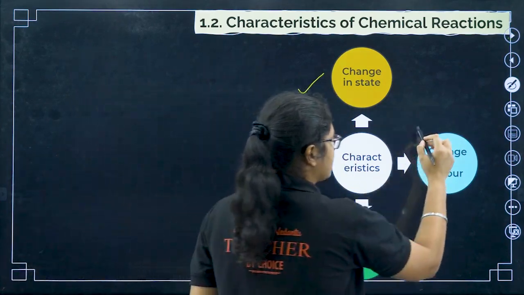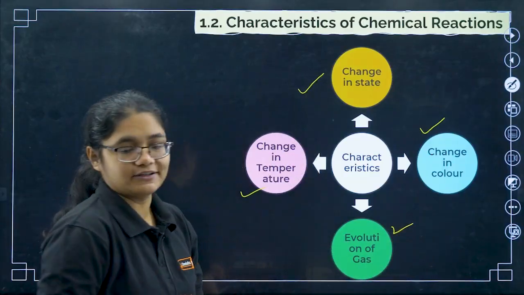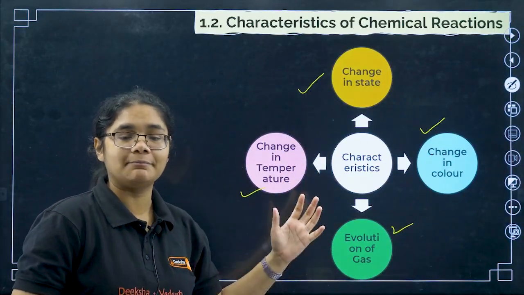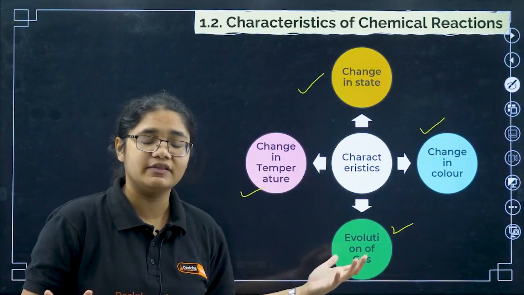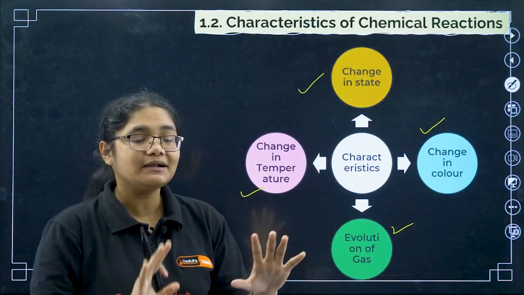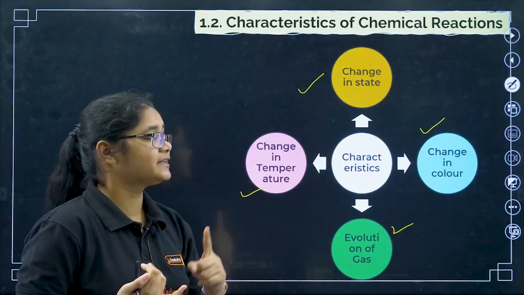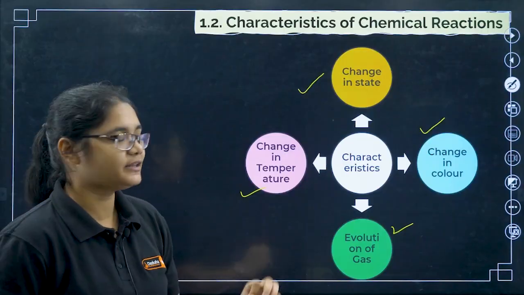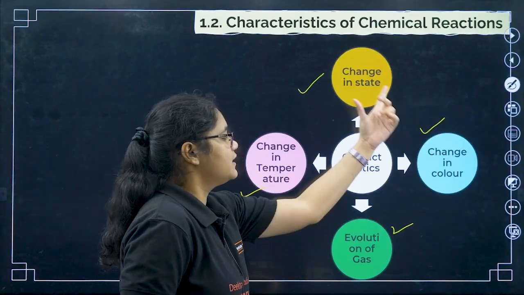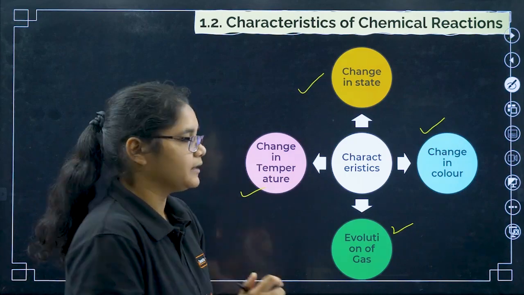There can be a change in color, evolution of gas, or change in temperature. It is not that all of them will happen. Any one can happen, 2, 3, or 4 of these can happen, but there will be some change of this type: change in state, change in color, change in temperature and evolution of gas. If you observe these changes, you can predict that a chemical reaction is happening.